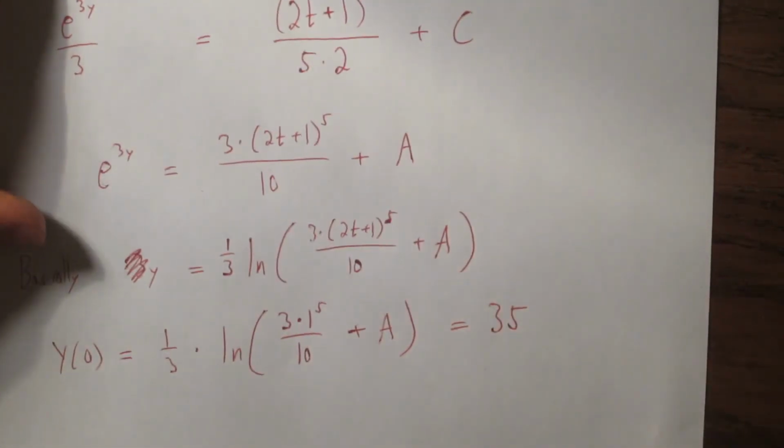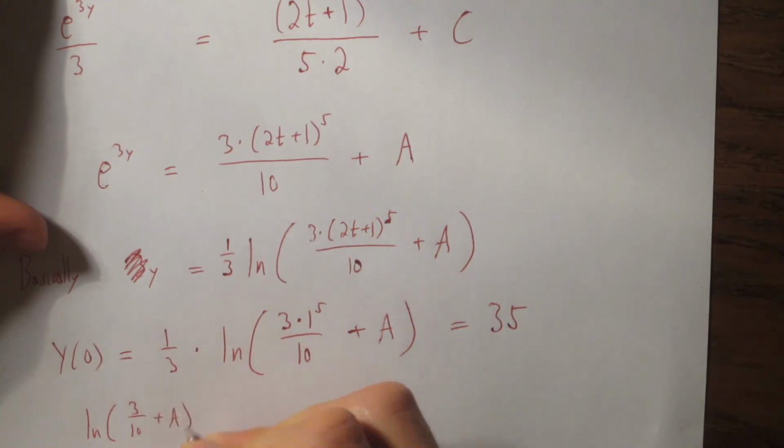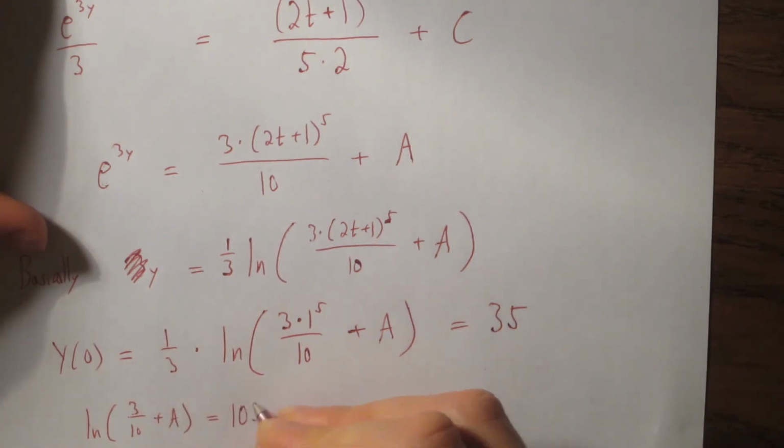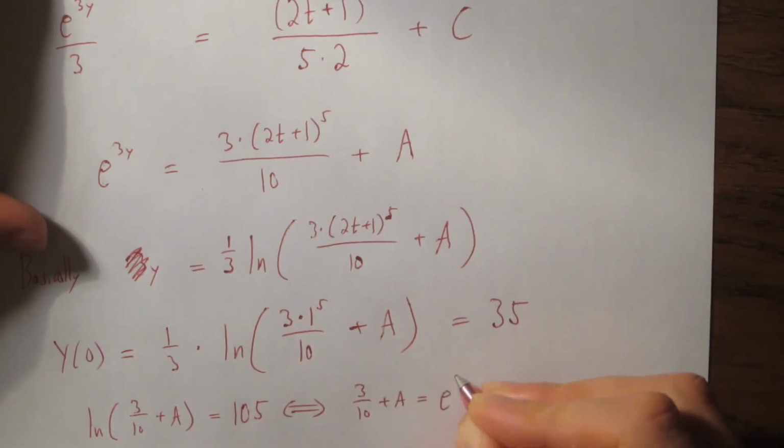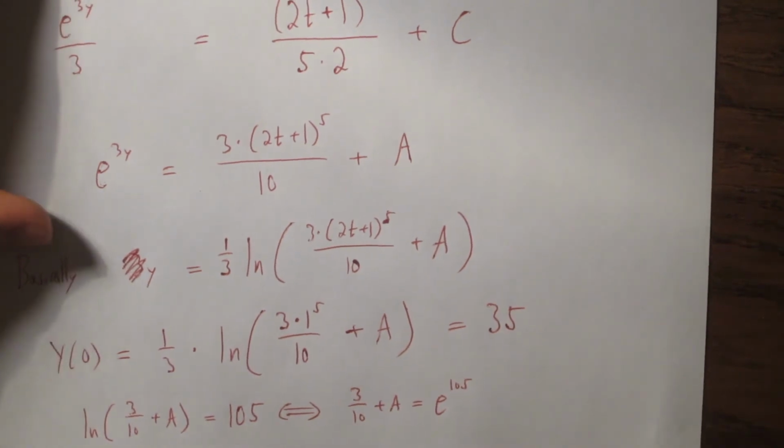Okay, so ln of 3/10 plus a should be 105. And so 3/10 plus a needs to be e to the power of 105.